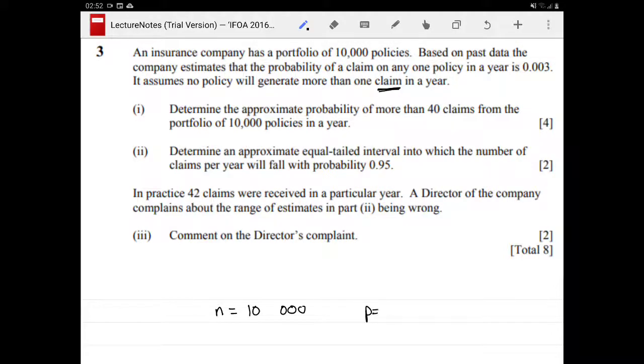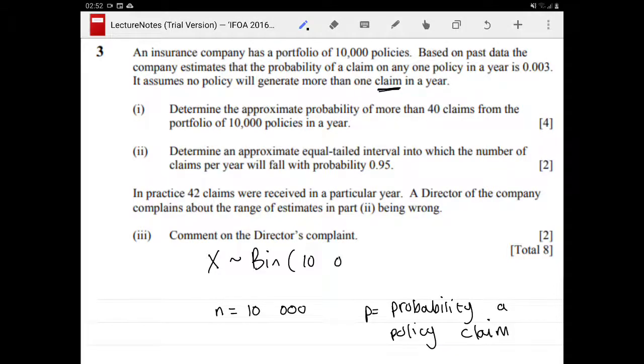So p is the probability that a policy will claim. So essentially, we do have a binomial distribution. If we call X the number of claims that we get in a particular year, this will be binomial, 10,000 and 0.03.